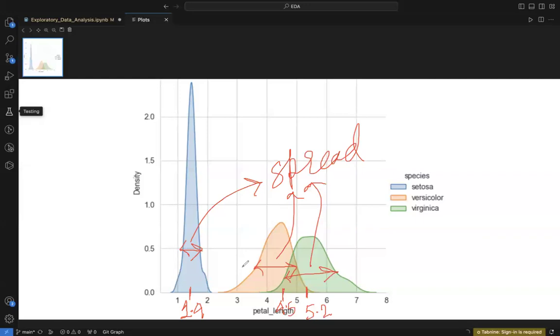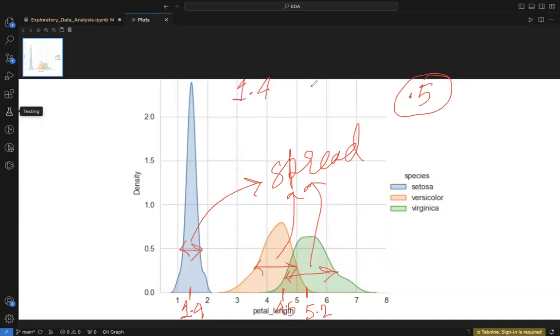So let's do one thing. In case of my Setosa flower, let's assume my spread is 0.5. This is the assumption. So it means that most of my points are within the spread around 1.4.